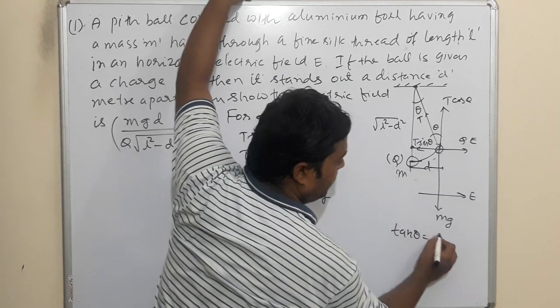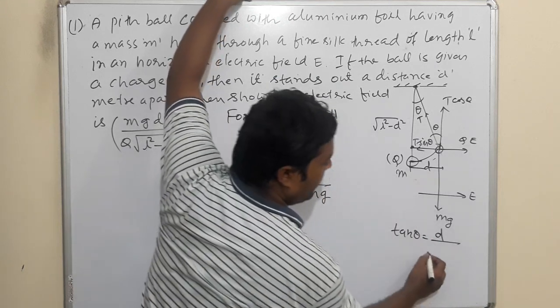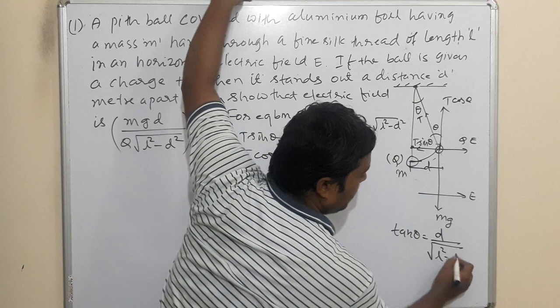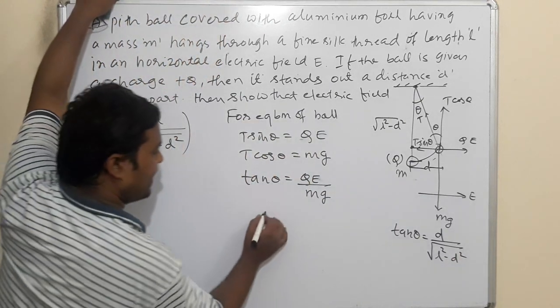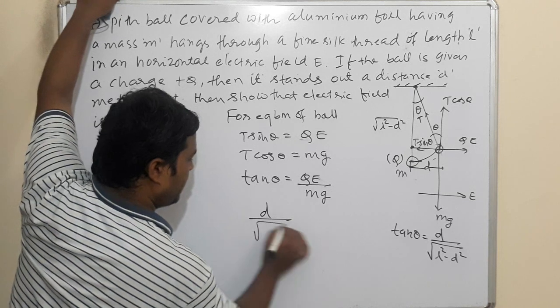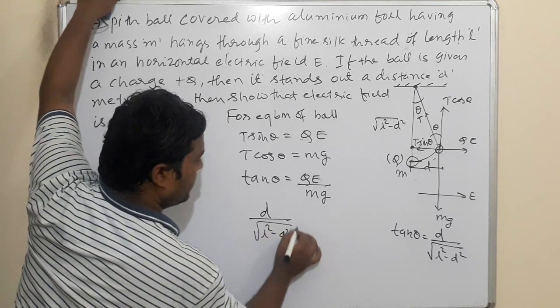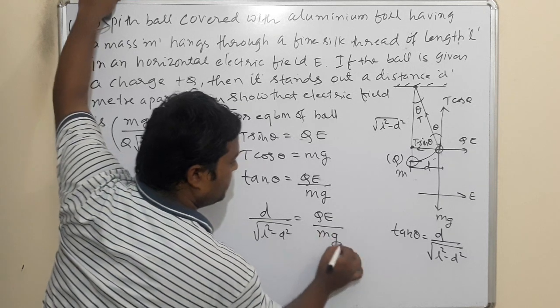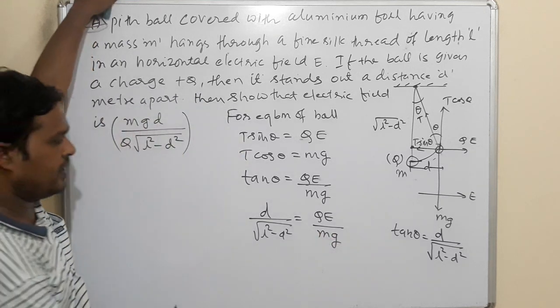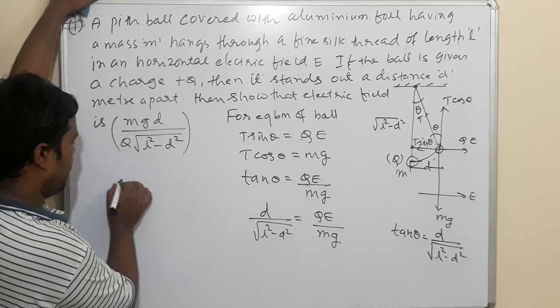Then tan theta will be equal to d divided by root of L square minus d square. Then I can write the same thing here: d divided by root of L square minus d square is equal to q into E divided by mg.